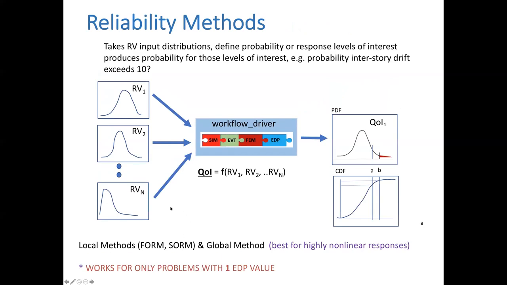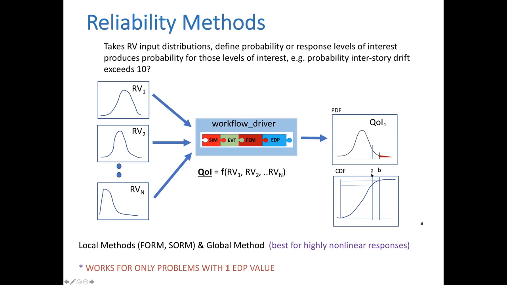Reliability methods, I haven't demonstrated that in this presentation. Again, the idea is we've got our random variables, and what the workflow driver is going to do, if we look at the CDF, instead of coming up with the whole CDF curve, you just specify what values on that CDF you're interested in, and the tool is going to respond.